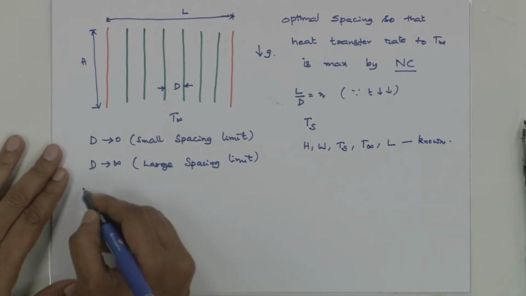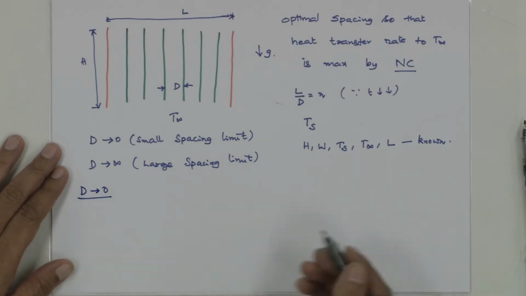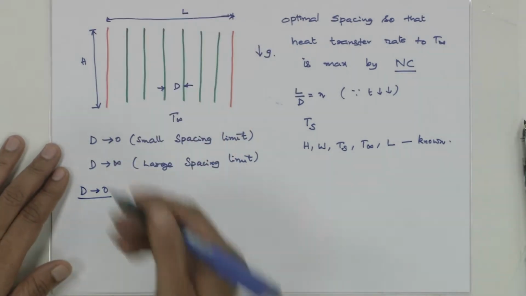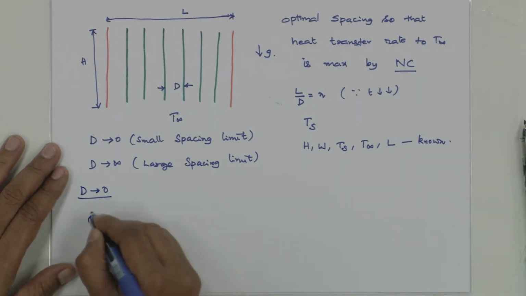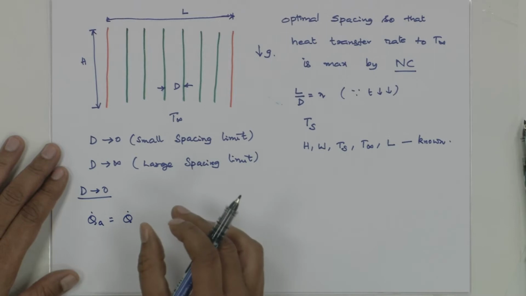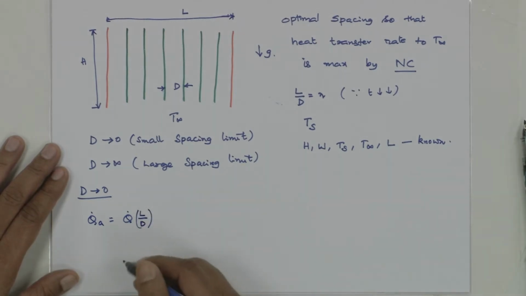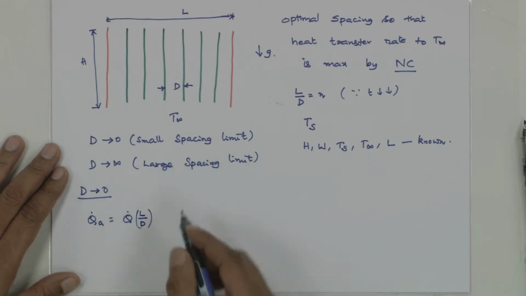So if we take D tending to 0 case, we have already found just in the previous module that Q dot for two plates, so Q dot into L by D is the number of plates.